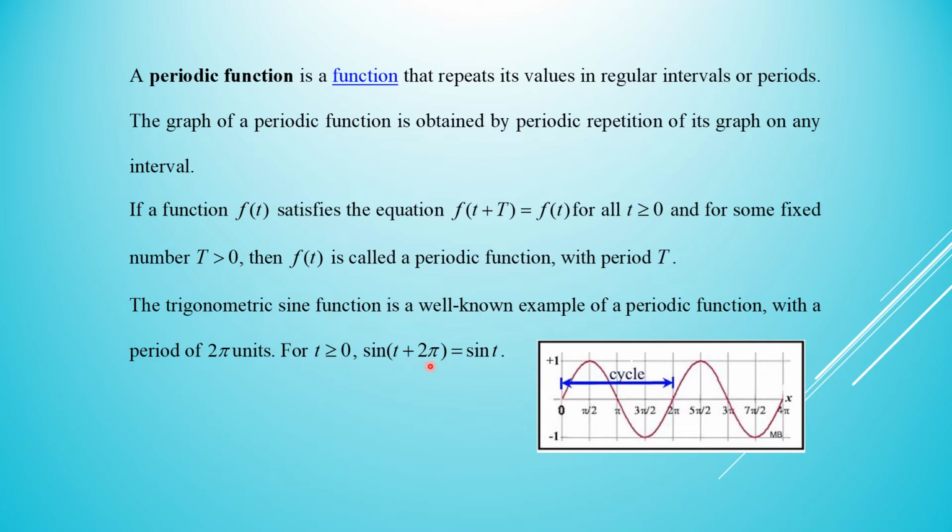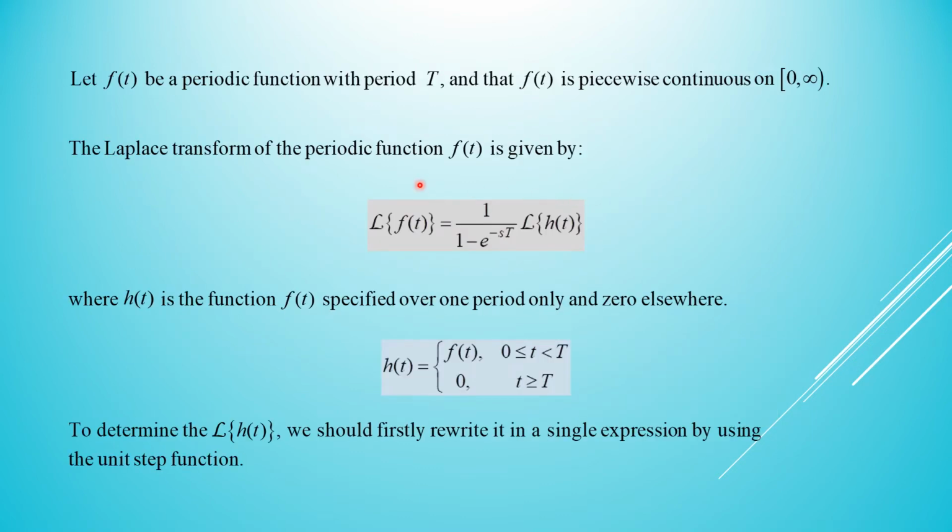So in general, for every periodic function, we write f of t plus the period is equal to f of t for all t larger than or equal to 0. Let f of t be a periodic function with period T, and that f of t is piecewise continuous on 0 to infinity. Okay, so f of t is periodic and the period is given by capital T.